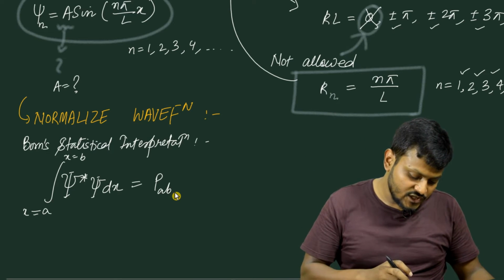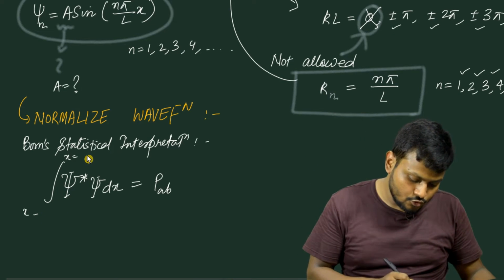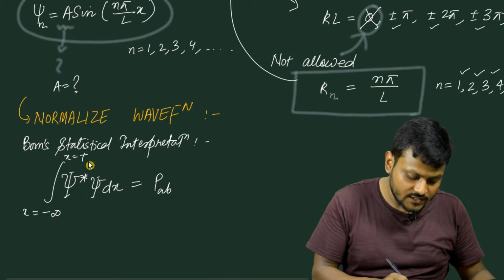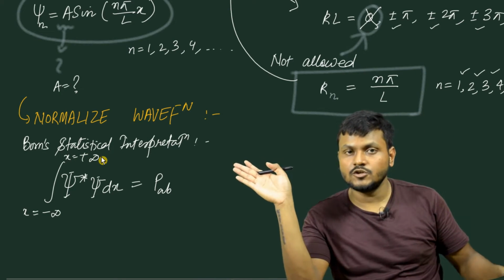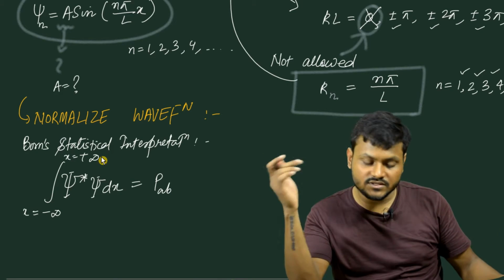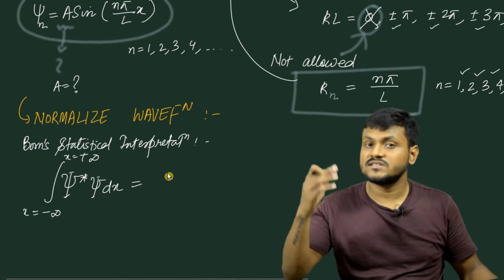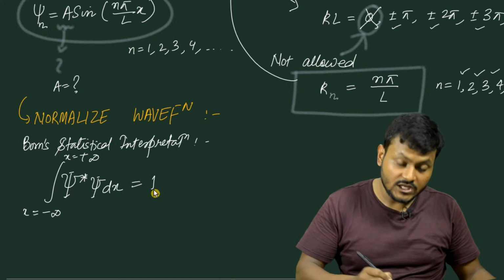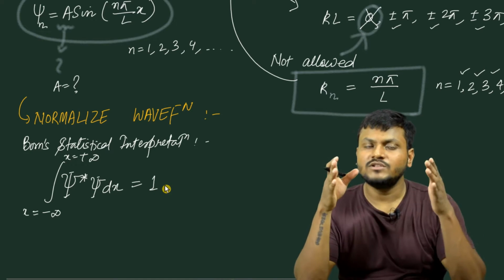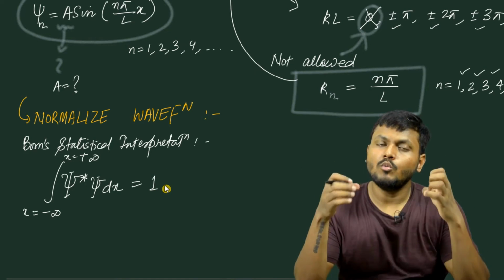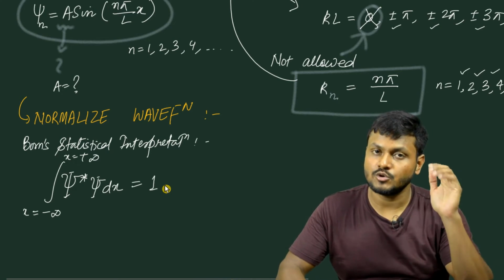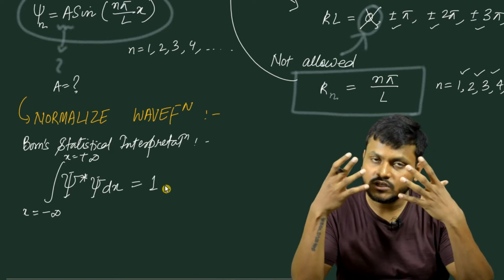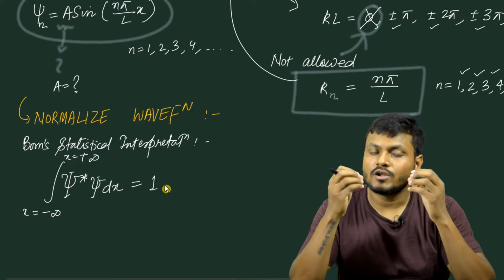Now if I change a and b to minus infinity to plus infinity, that means I look at the probability of finding the particle from minus infinity to plus infinity, which is basically the entire universe, then the particle must exist somewhere. So this must be equal to 1. This is a condition that all wave functions must satisfy, apart from satisfying the Schrodinger's equation. Why? Because otherwise we cannot use that wave function for a real particle.